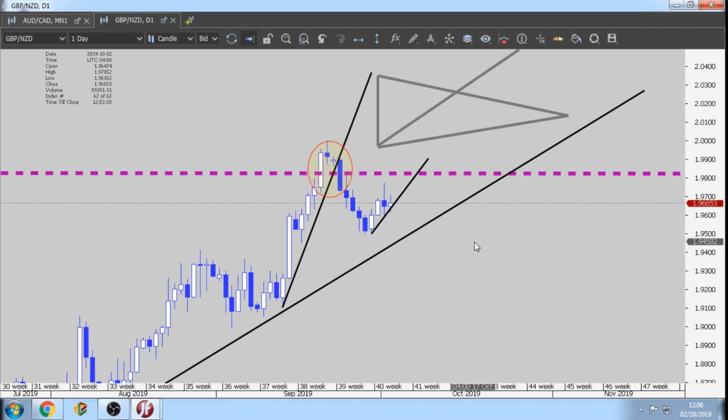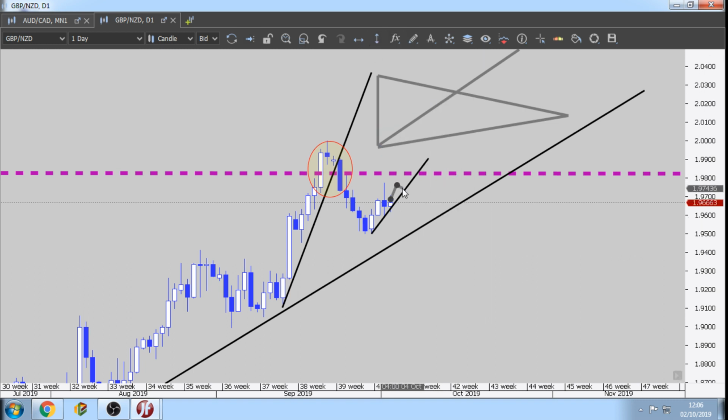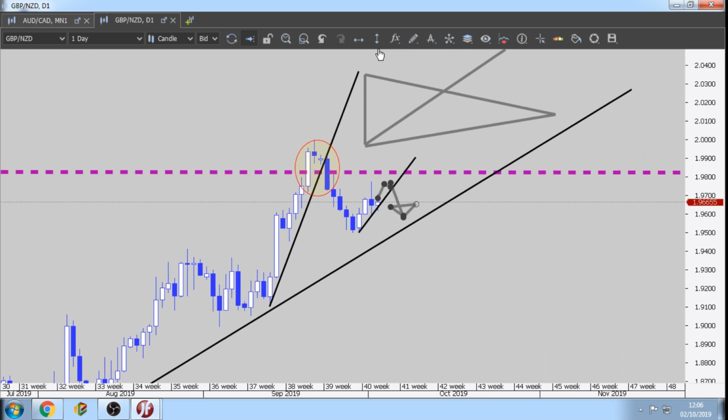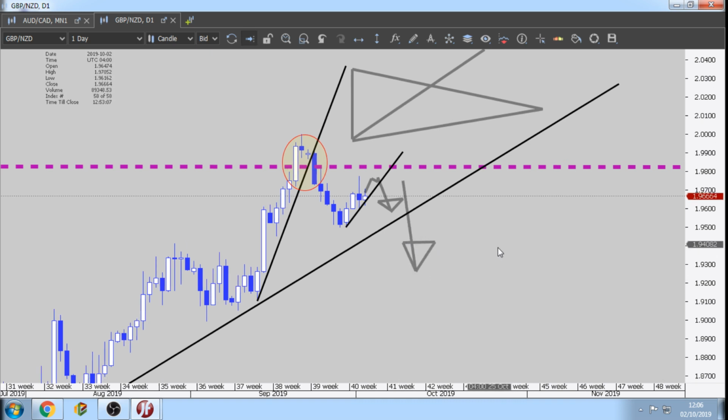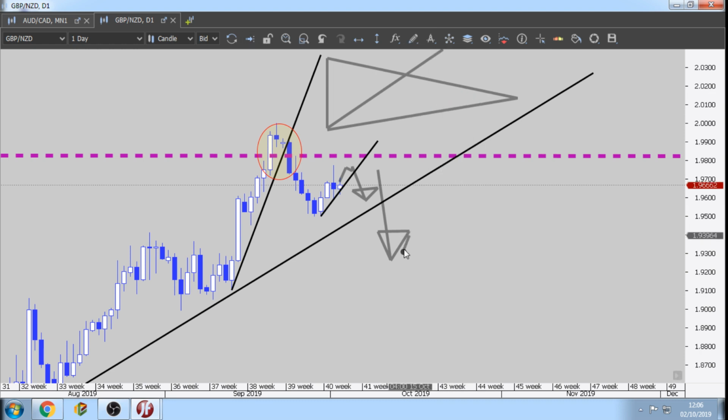Dark cloud cover, yes sir, yes ma'am. So if and when the market breaks this small counter trend line, you can go short. Or if you want to be more secure, technically speaking, you can wait for the market to break the lower low, to break the long-term counter trend line, wait for the next retracement and enter.